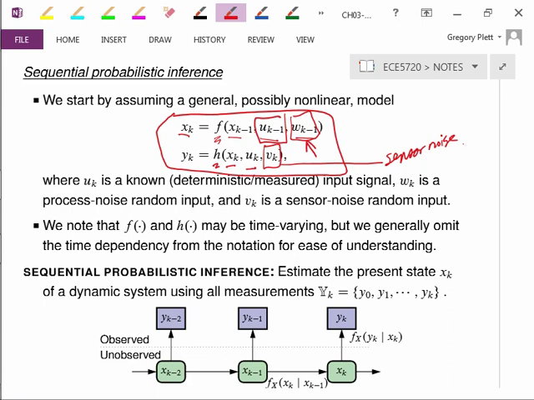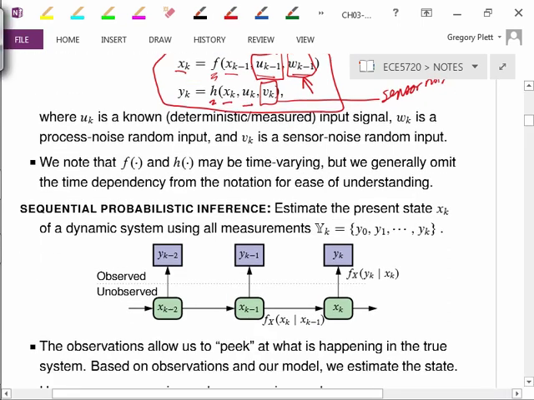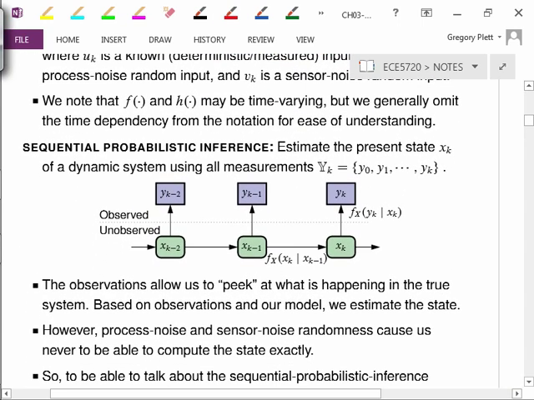Sequential probabilistic inference then uses a model like this and says there's things going on in the system that I cannot directly observe. For example, the progression of this state from time step to time step, but there are things that I can observe. I can observe the voltage measurements. So the sequential probabilistic inference problem says I want to estimate the present state, xk, k being now, of a dynamic system using the set of measurements.